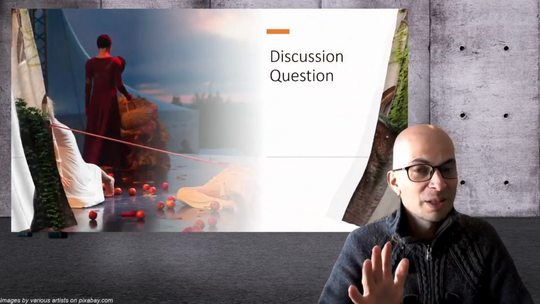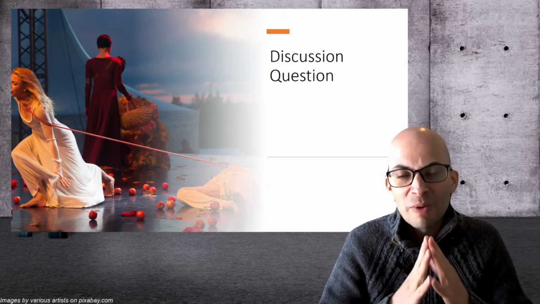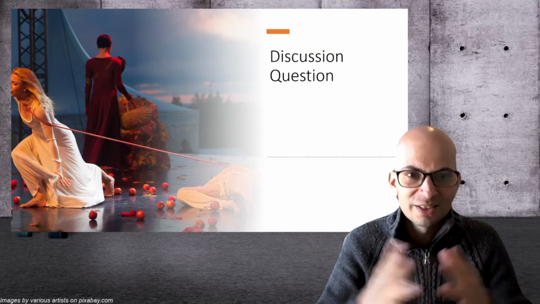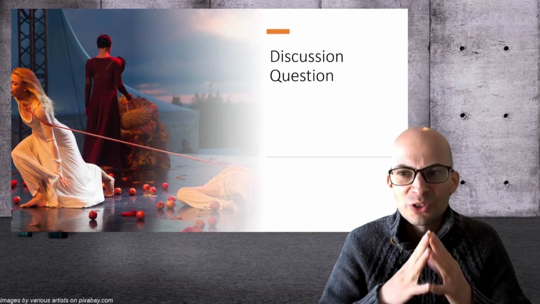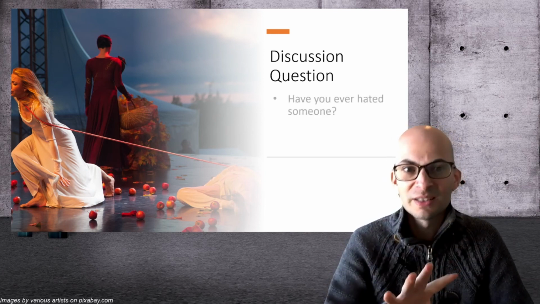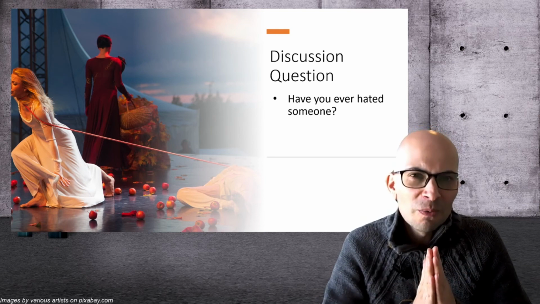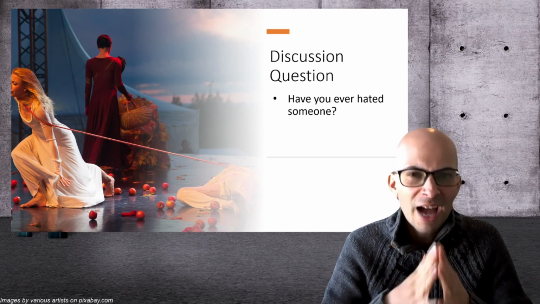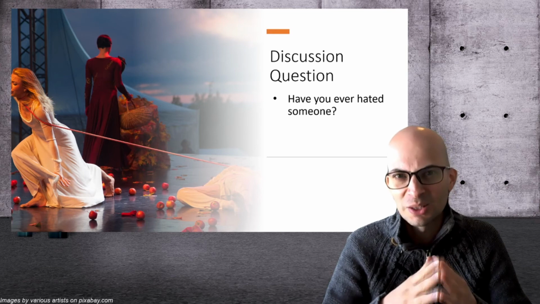That's it for vocabulary. My last activity here is the discussion question, of course, as always, because we want to talk about what's going on in the script. And so my question to you is, have you ever hated someone?